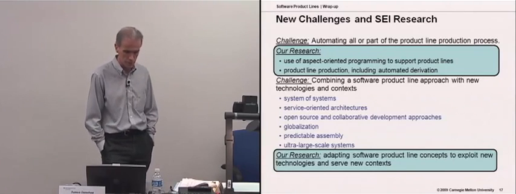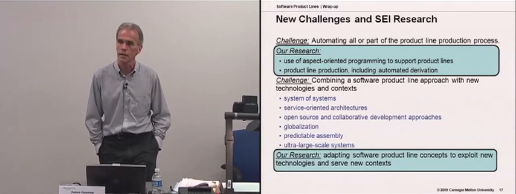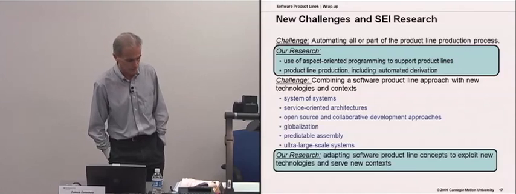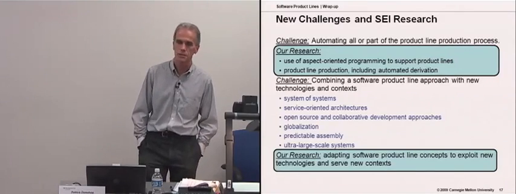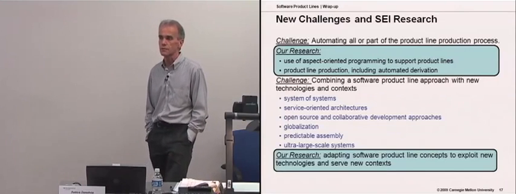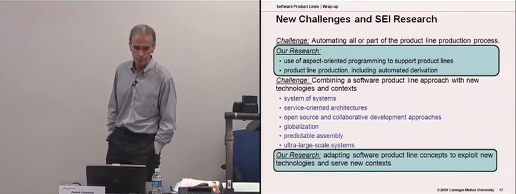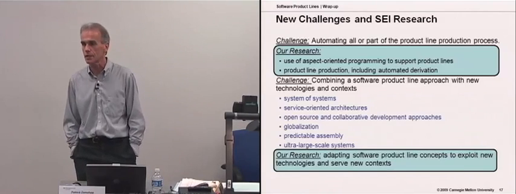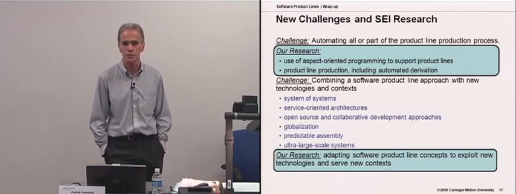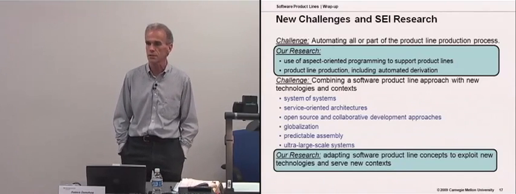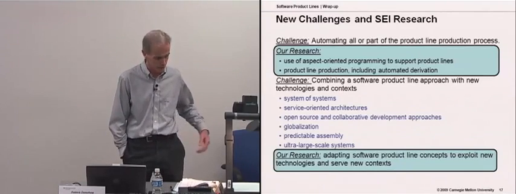So Linda Northrup was asked to head a group to come up with a research agenda for ultra-large-scale systems. And you can get this report from the SEI website. This is not a how-to guide, but it's an examination of the kinds of issues that really large-scale systems would have to deal with. And it covers areas.